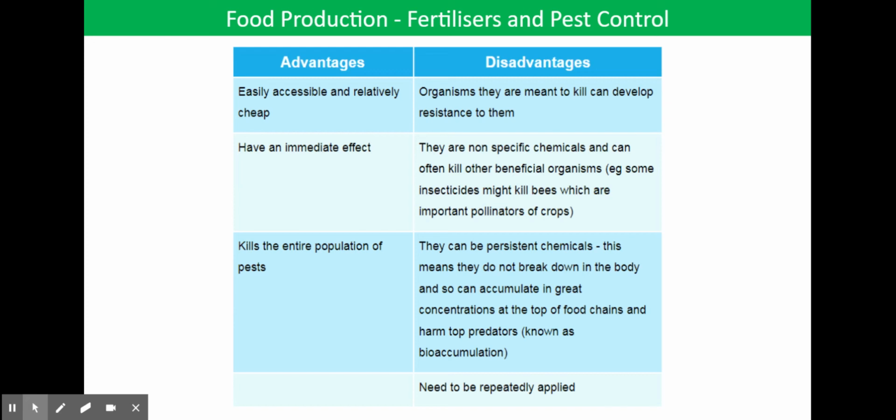So in some cases, for example, you might see the crops being eaten by insects, the insects being eaten by small mammal species, and then the small mammal species being eaten by larger mammal species, and then that large mammal species, for example, a bear, unfortunately dying through this process of bioaccumulation. And another disadvantage is you need to apply these pesticides repeatedly in order for them to actually be effective.